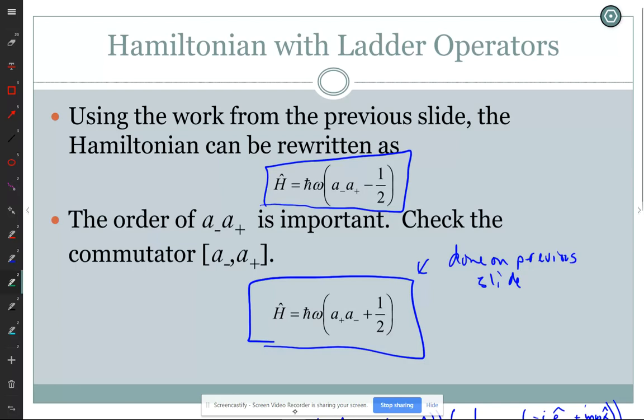So when you come back to this, now you can see that these two have to relate to each other, because A minus A plus is equal to 1 plus A minus A plus. Right, what we just found.